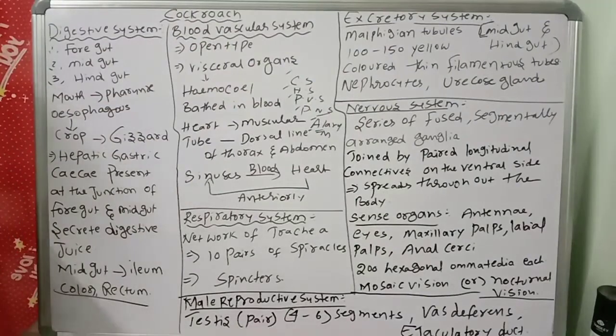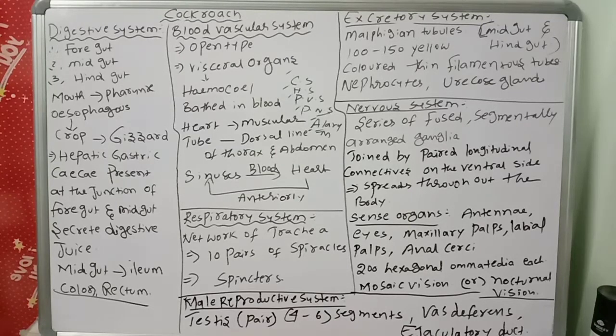So the nervous system works through the ganglia. It's a group of nerves present on the ventral side, connected by longitudinal connectives. The ganglia include supraesophageal ganglia and subesophageal ganglia.